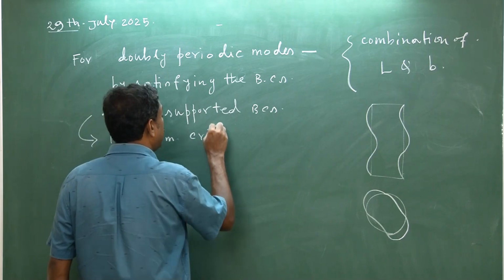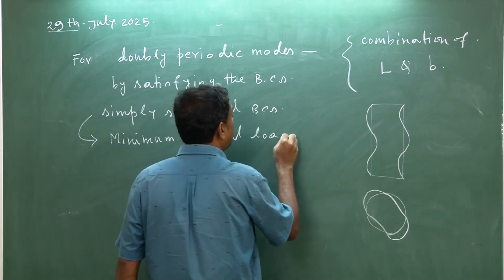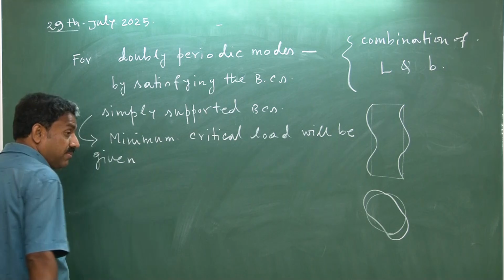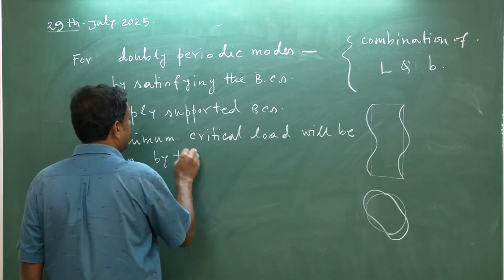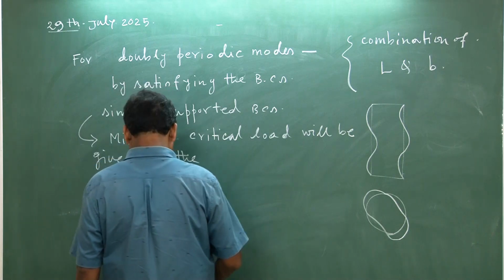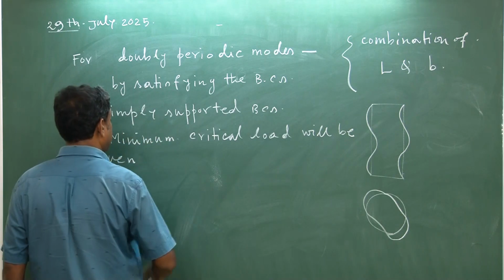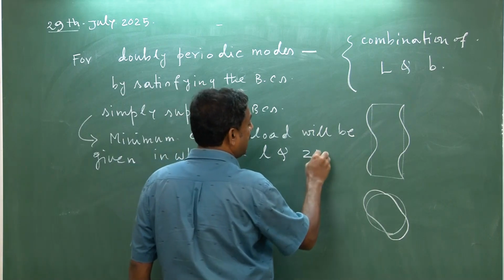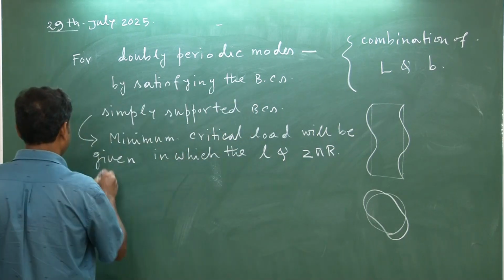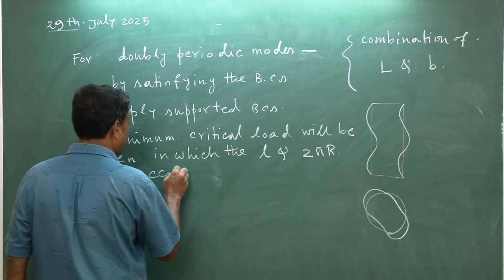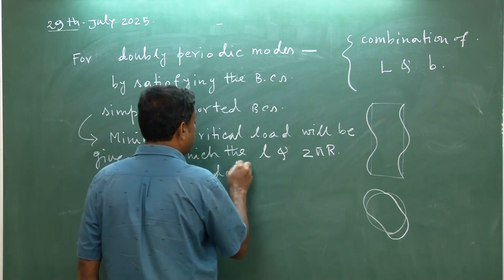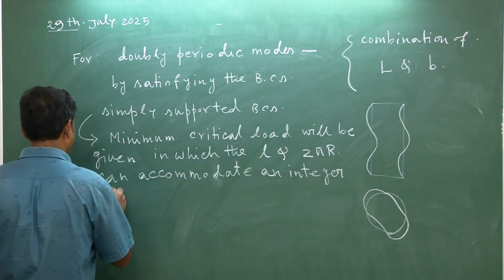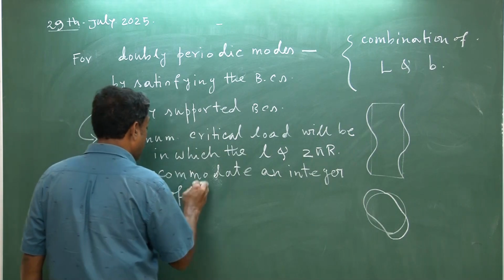The minimum critical load will be given by the shell geometry in which the length and 2 pi r, that is the radius, can accommodate an integer number of half wavelengths, right?